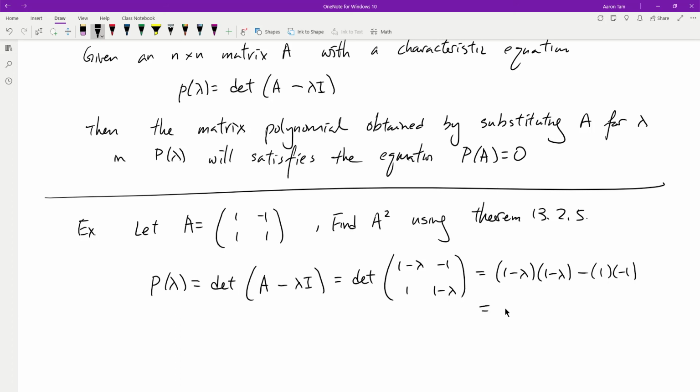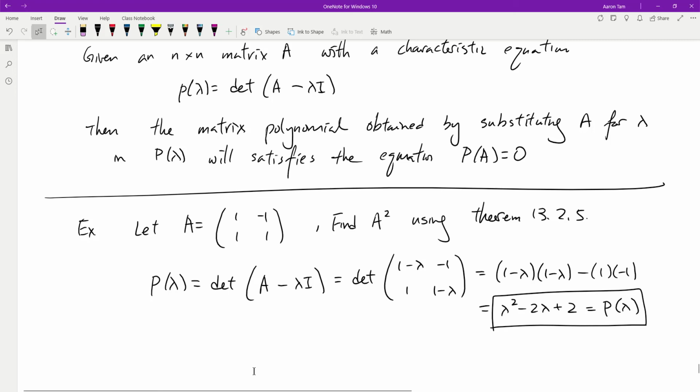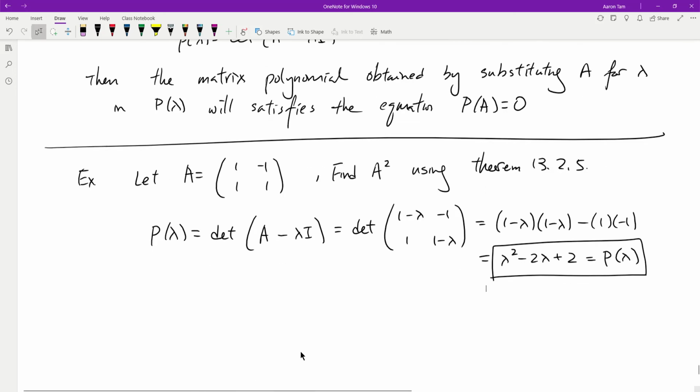So that comes out to be lambda squared minus 2 lambda plus 2. So this is my P of lambda. That's my polynomial function, which is what we call the characteristic equation. And when we set that equal to 0 and solve for lambda, we get the eigenvalue.